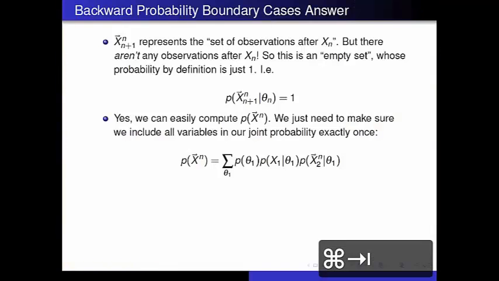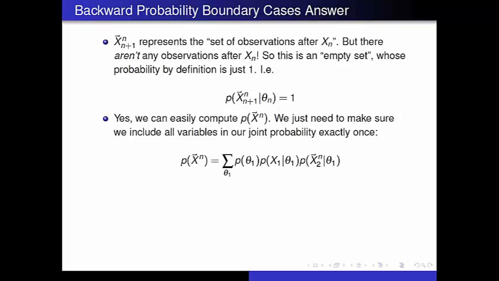Okay. So, moving on to the second part, we can indeed compute the total probability of the observations via the backward probability calculation. We just need to be a little careful.